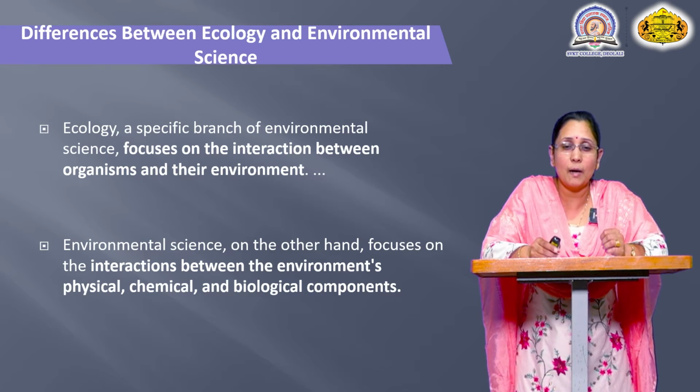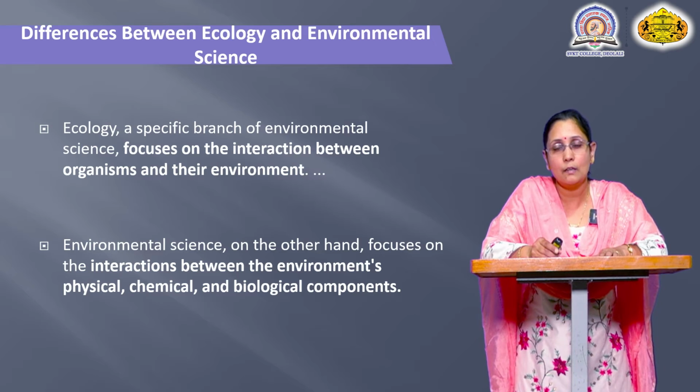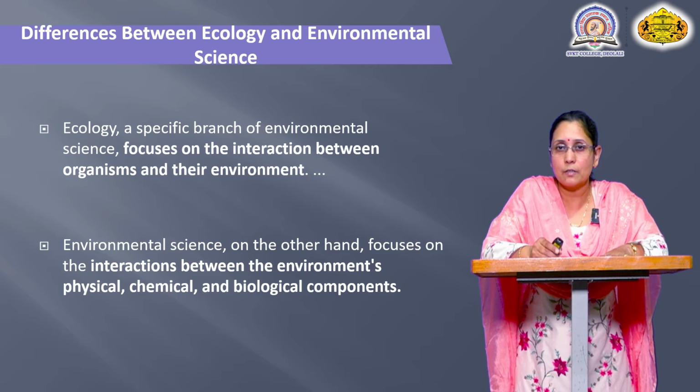But in environmental science, what happens? Here you can see the interactions between all conditions or all factors. Which are those factors? Biological components are there, some physical components are there, and chemical components.